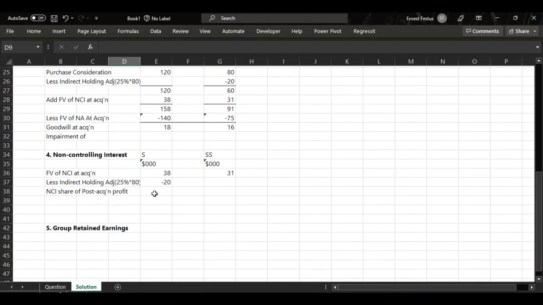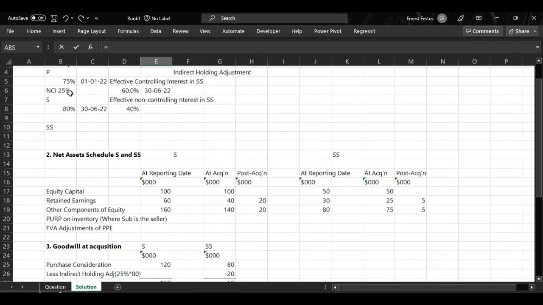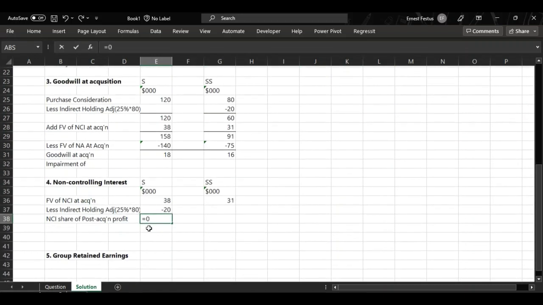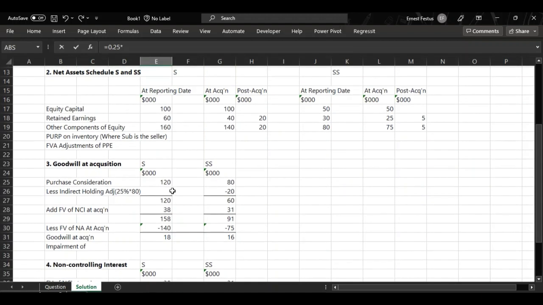So our NCI share of post-acquisition profit will be equal to our NCI in S, which is 25% from our group structure, so we have 0.25 multiplied by our post-acquisition profit, which is 20, right here.